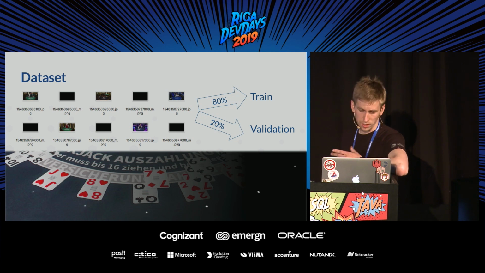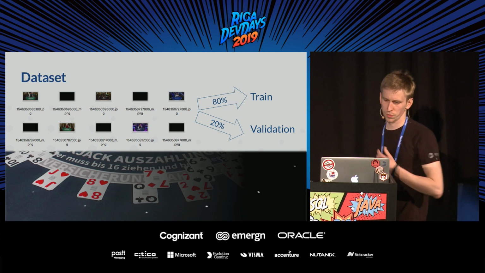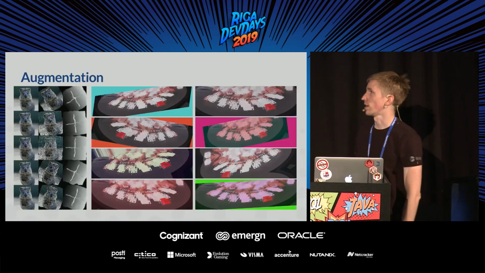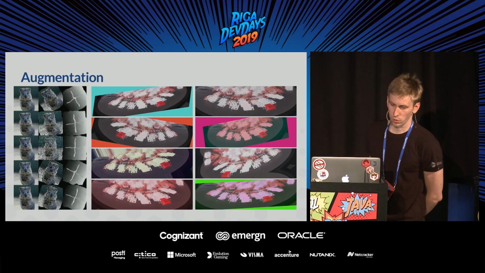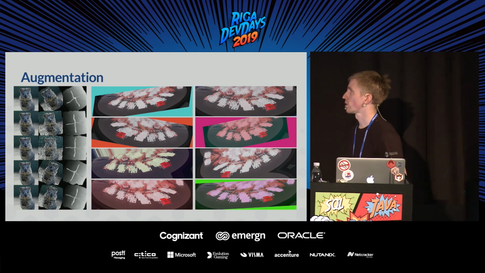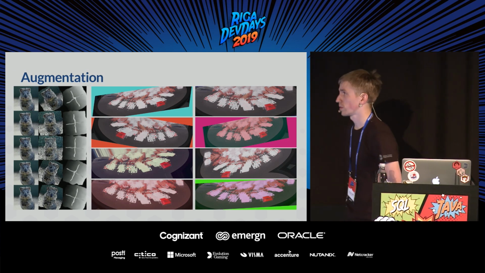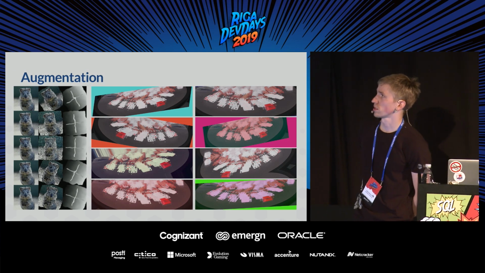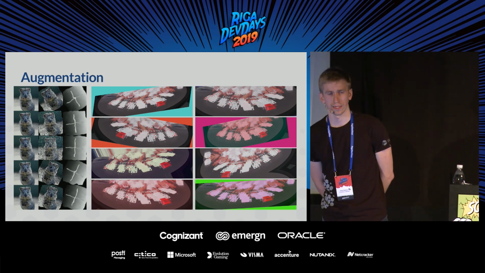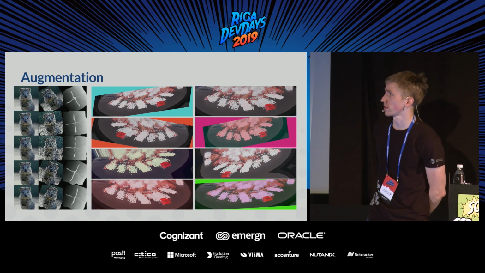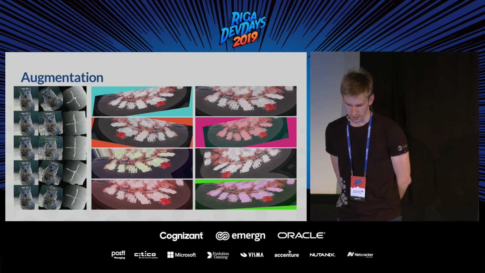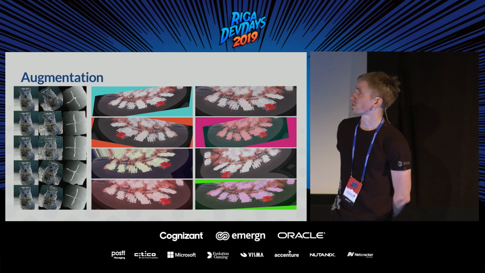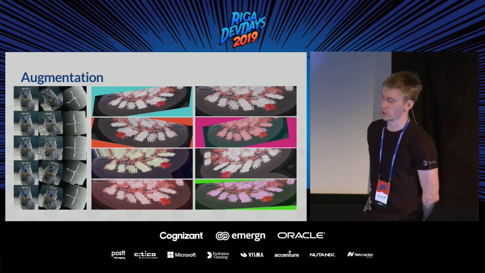Images were separated into groups for training and validation, and augmentation was also applied. Augmentation is a very, very cool thing to do when you process images, because neural networks usually require many more samples than you can label manually. And by doing some simple transformations, you can increase your dataset.